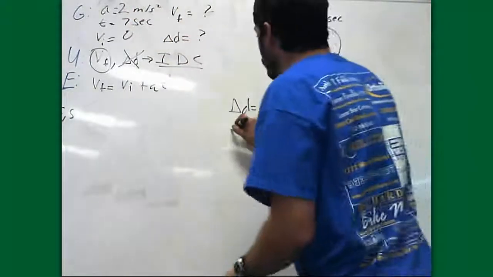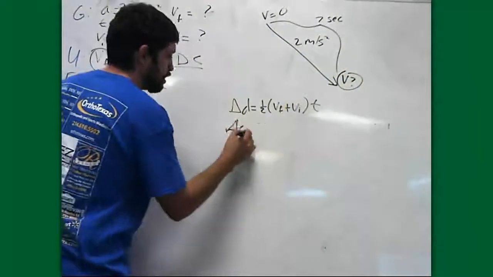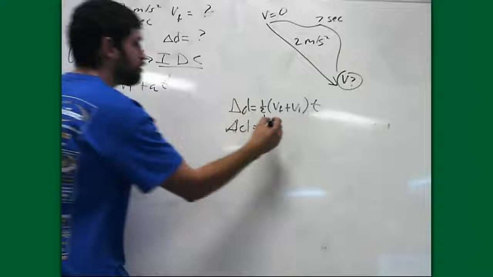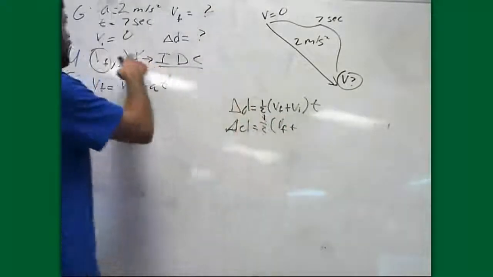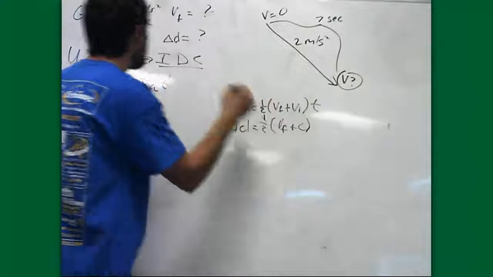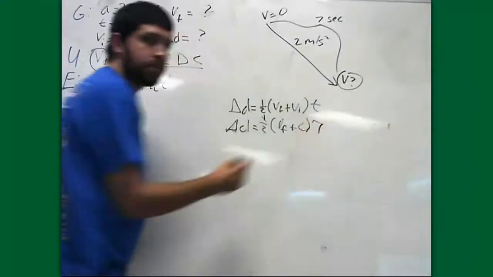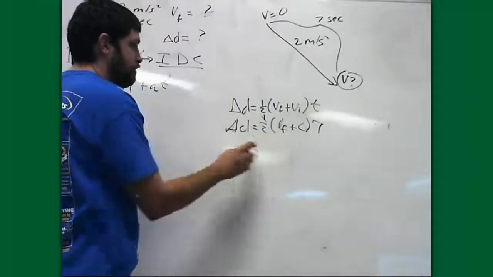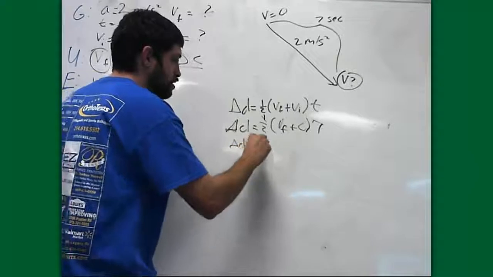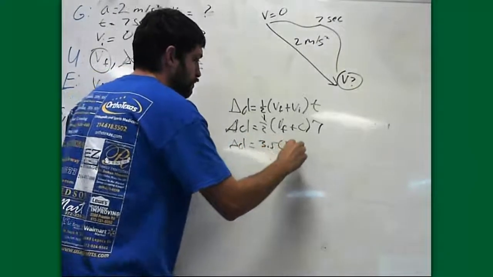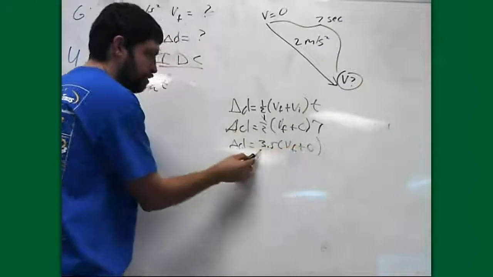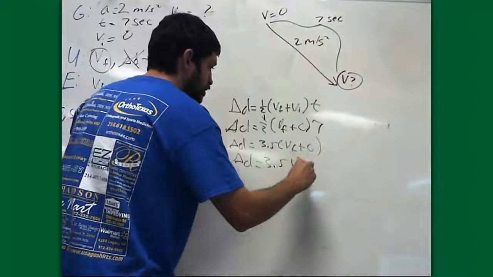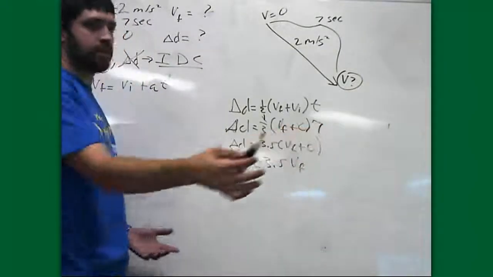Delta D we don't know, so that's going to remain as an unknown. 1/2, VF, we don't know it. VI is 0. Time is 7. Okay, there we go. Now I can simplify 7 times 1/2. That gives me 3.5. So delta D is 3.5 times (VF plus 0). And I can distribute that through here, and that gives me delta D equals 3.5 VF, because 3.5 times 0 gives us nothing.